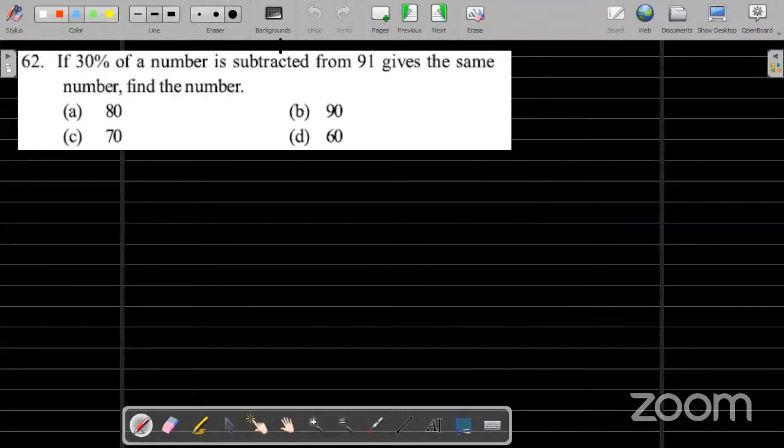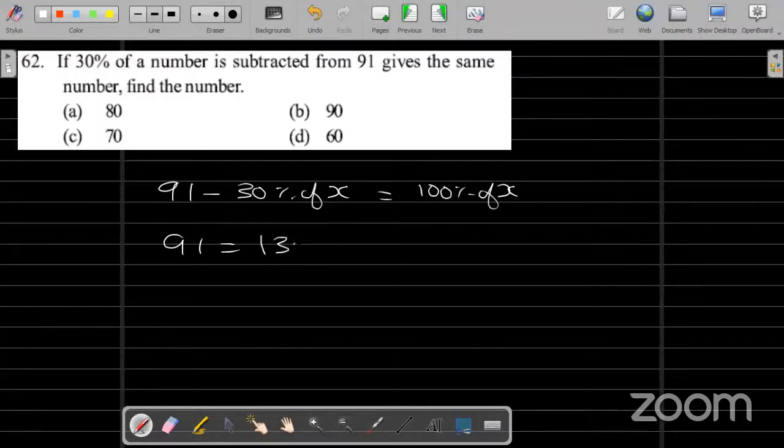Next question. 30% of a number is subtracted from 91, gives the same number. That means 91 minus 30% of x equals x. x means 100% of x. Okay. So 91 equals 30% of x added to 100% of x on the left hand side. That is 130% of x.